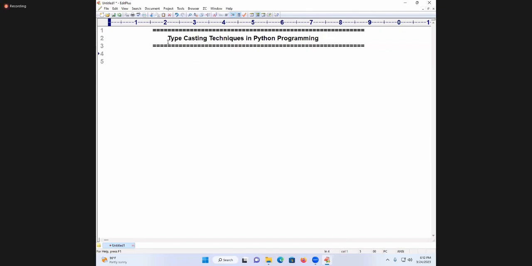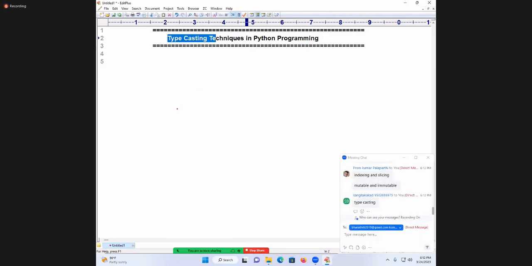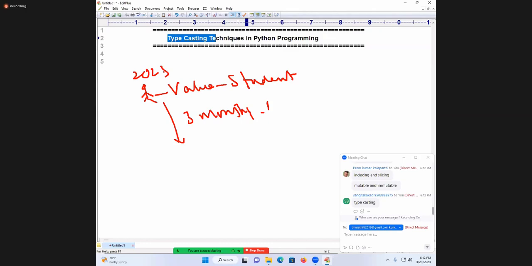Suppose you take a general awareness example: you are now in 2023. What is your value? Student. After 3 months, if you read well and practice all the programming examples, your value will change to software engineer.